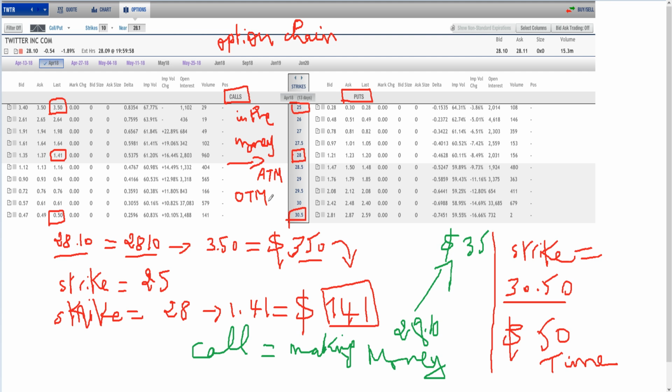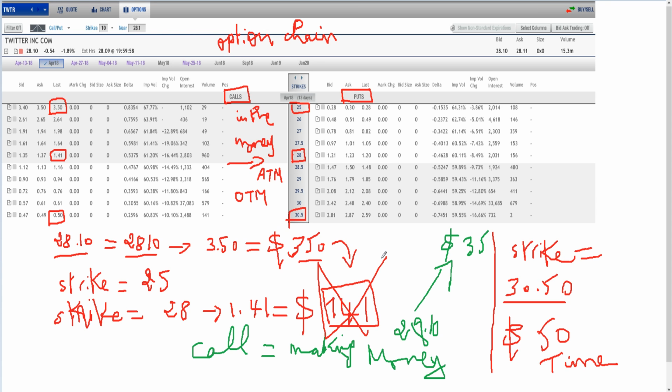And if in these 13 days the stock will not go to these prices, for example, your money, like this 141, it becomes worthless, and you lose it all if it doesn't go up and up and up. Even this 350, okay, it will be losing money if the stock doesn't move up.